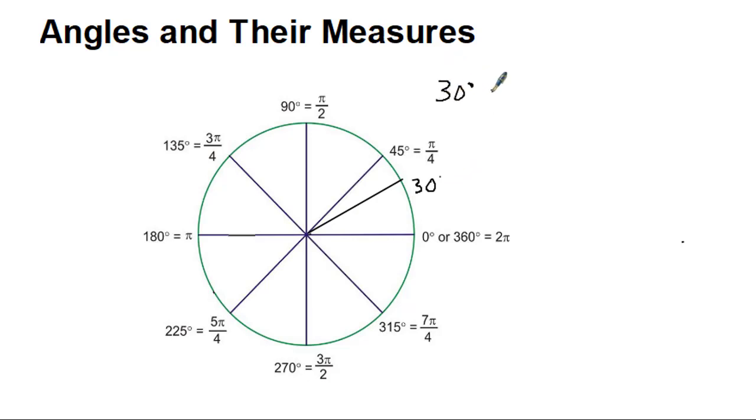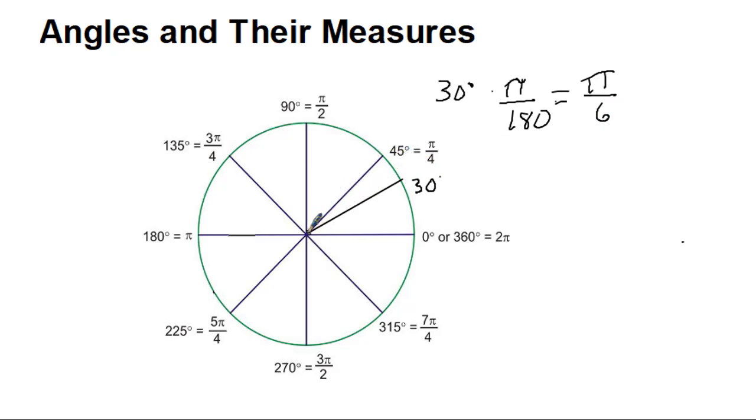We have 30 degrees, and we're going to multiply this times pi, and then divide it by 180. And this is equal to pi divided by 6.